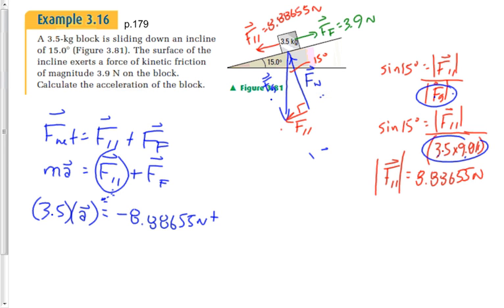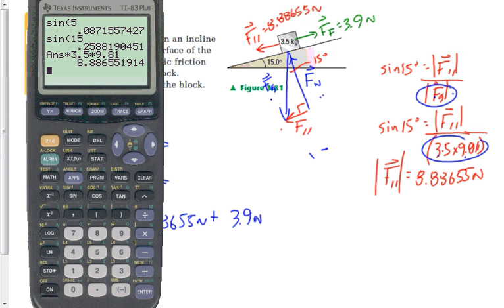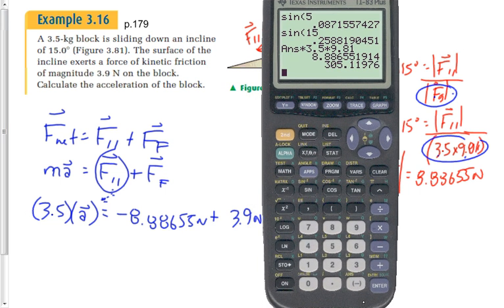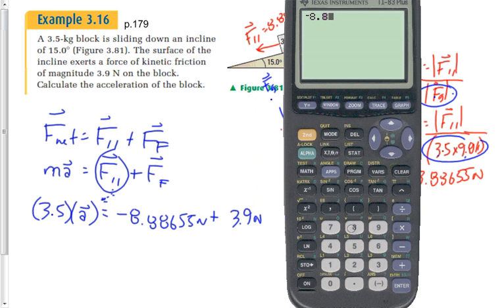And the force of friction, we're going to make positive because it's up the hill. It opposes the force F parallel. So we're going to say negative 8.88655 plus 3.9 divided by 3.5. And we get negative 1.42.